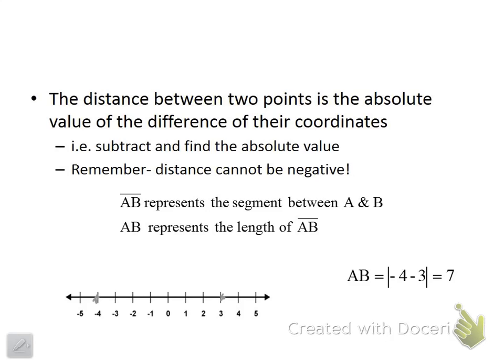The absolute value makes these both positive, so it's going to basically become 4 plus 3, which is 7. You can also see 1, 2, 3, 4, 5, 6, 7 lines. So the distance is 7 because it's 7 in between both of those. So you're basically taking the absolute value, making them both positive, and adding them.